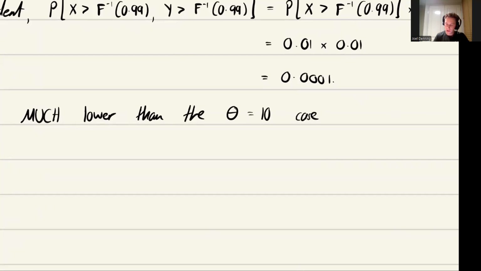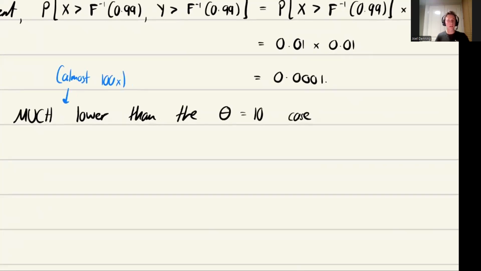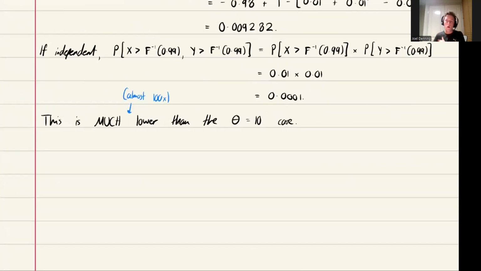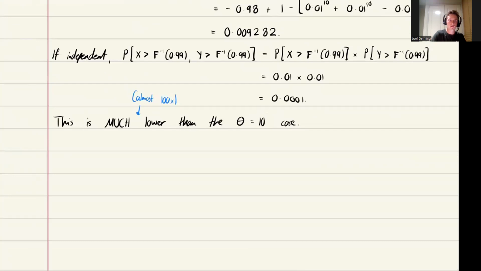If you want your answer to be even better, I would have added in something like almost 100 times lower. Okay, and then explain why, which is the stuff I was just talking about, the upper tail dependence, and so on.